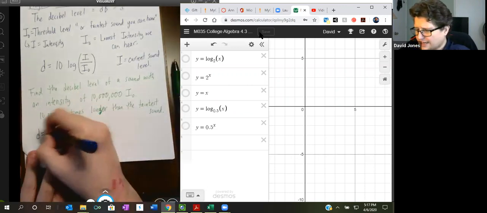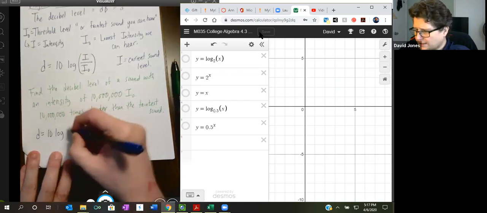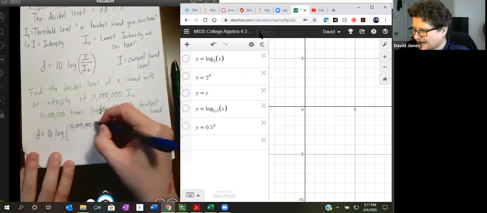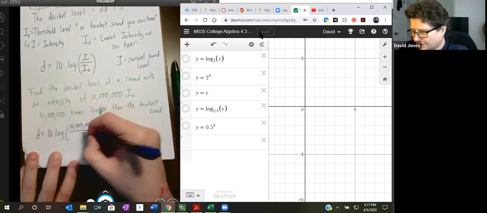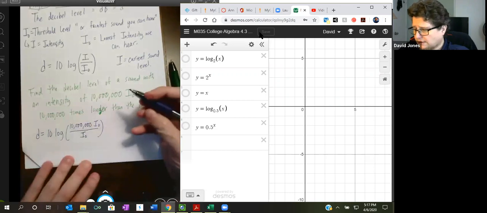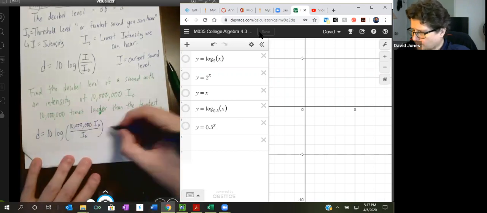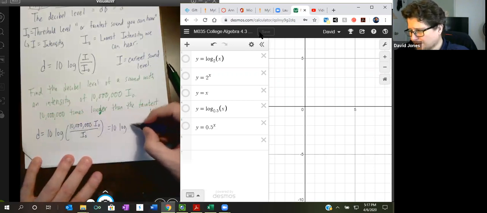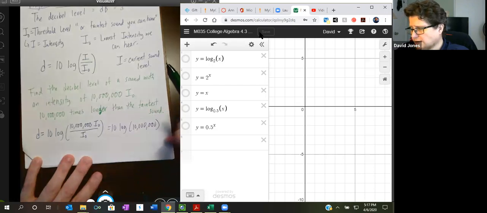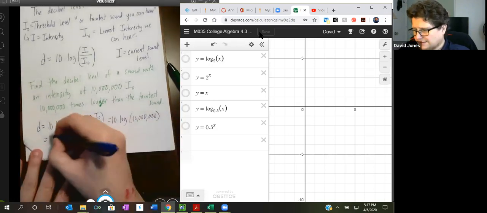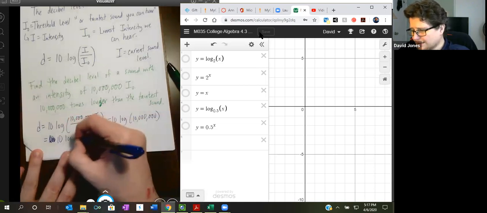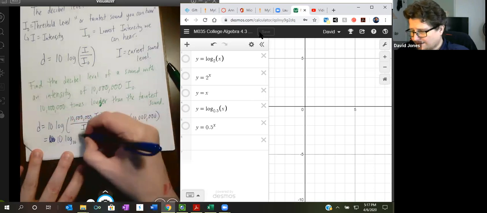D equals 10 times log of 10 million I0 over I0, which is 10 log of 10 million, and that's 10 times log, this is base 10, of 10 to the 7th.